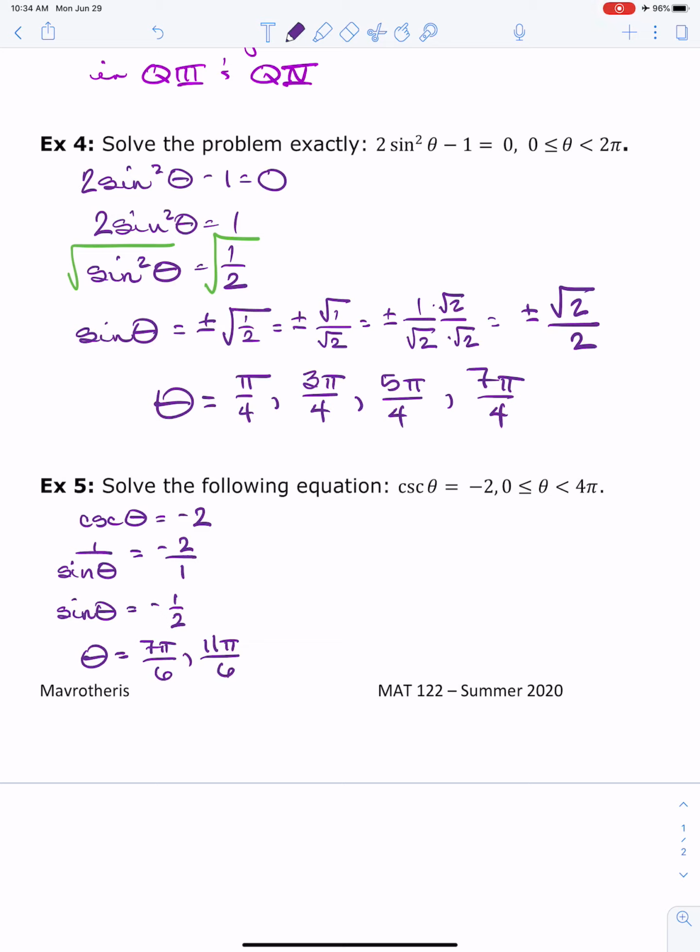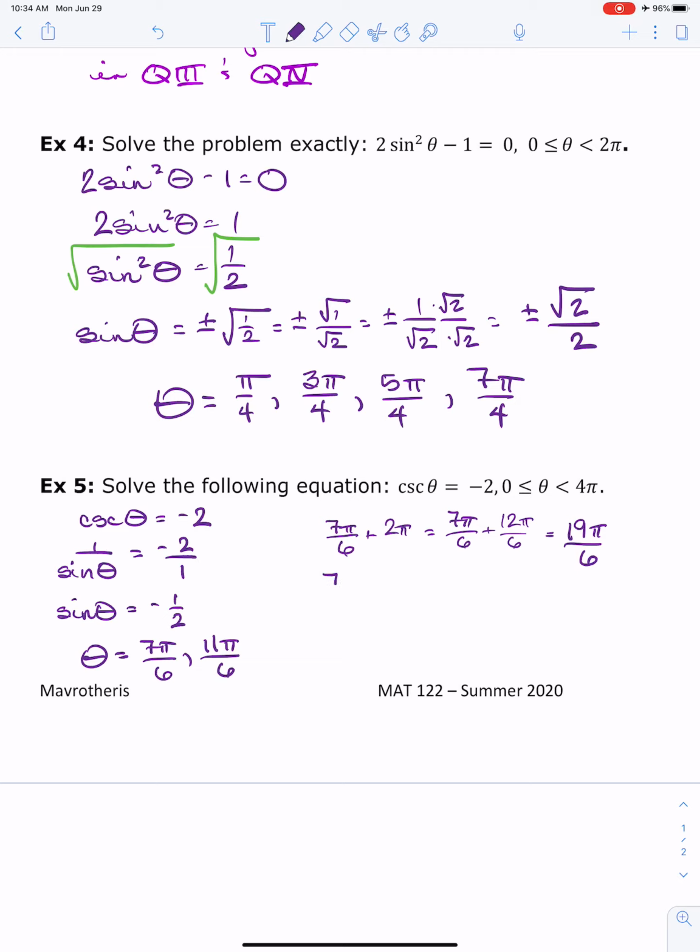And so to find my other two values, I'm just going to go one more time around the circle. So I got 7 pi over 6 plus 2 pi. So 7 pi over 6 plus 12 pi over 6. Again, 19 pi over 6. Co-terminal was 7 pi over 6.